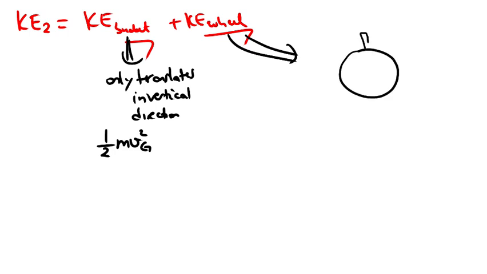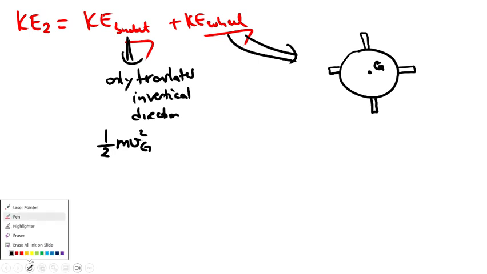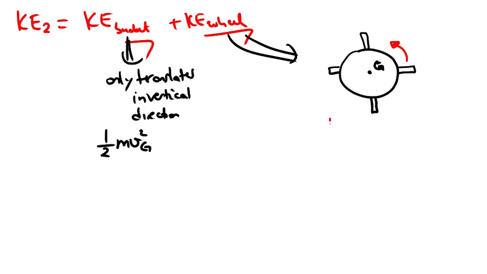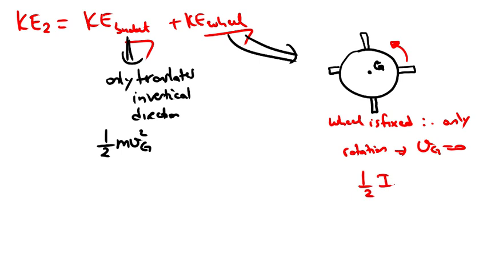It has a spoke, another spoke, another spoke, and another spoke. It has point G, and it rotates this way. The wheel is fixed, therefore only rotation. Velocity of G is equal to 0, so that will be 1/2 I_G omega squared. This is the wheel, and the other is the bucket.